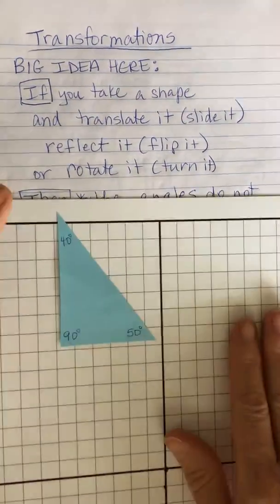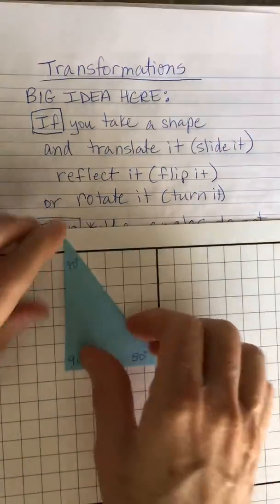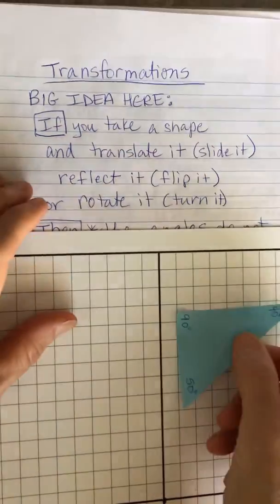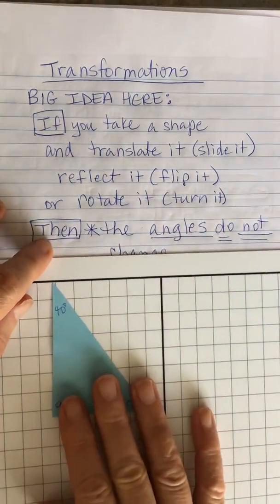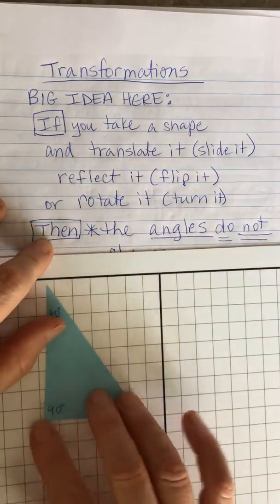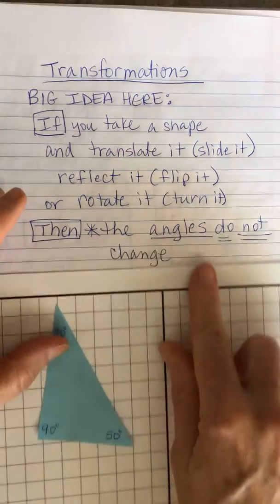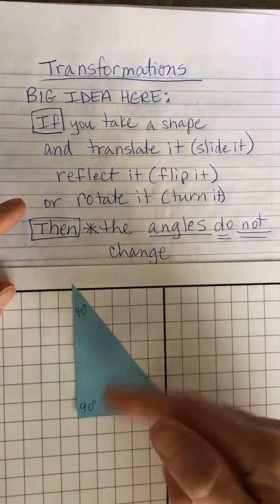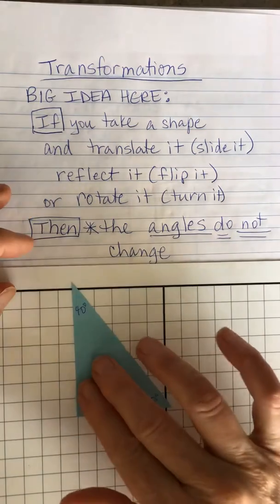All right, so I said, if you take a shape and you translate it, you flip it, you rotate it, then, and this is the important part because this is what you're going to be saying in all of your problems on the assignment that goes with this, the angles do not change. Well, we already know that. We could look at this and say, did my 40-degree angle or 50-degree angle or 90-degree angle change once I flipped it?